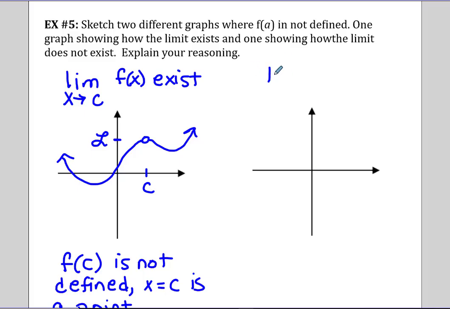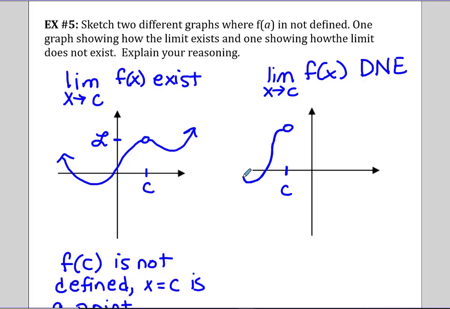And then this one where the limit as x approaches c of f of x does not exist. We'll put c over here, and let's say we have some value here, and then down here we have another branch.